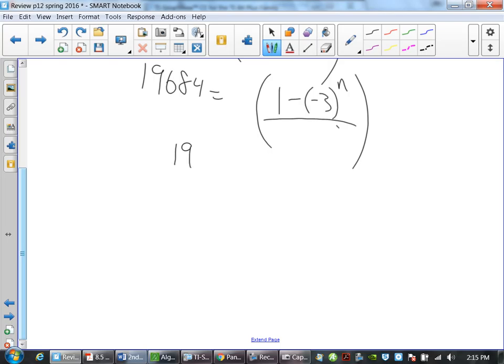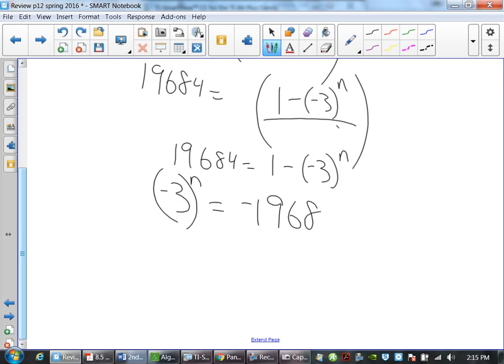So we have 19,684 is 1 minus the rate to the n, which means I'm going to move this piece over here and subtract that over there. So I'm going to get -3 to the n is -19,683. Right?